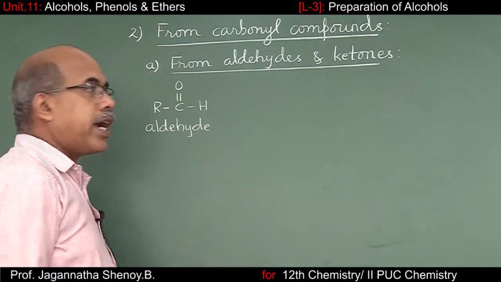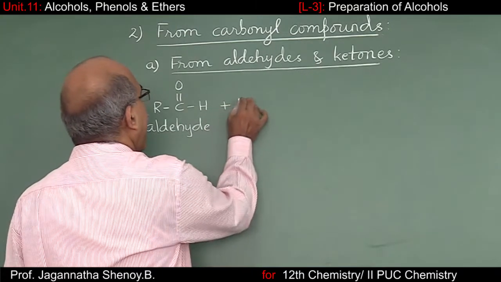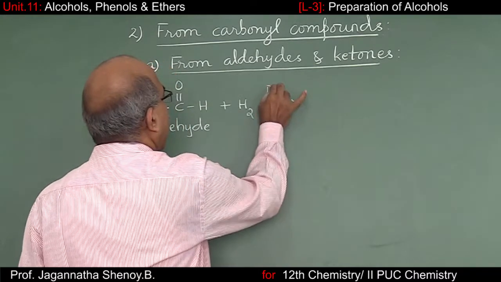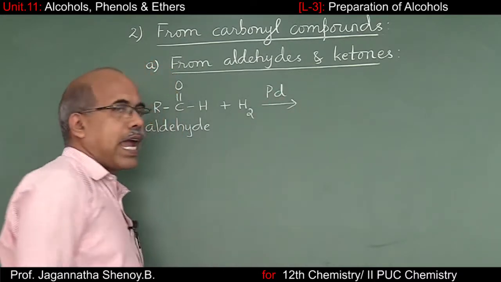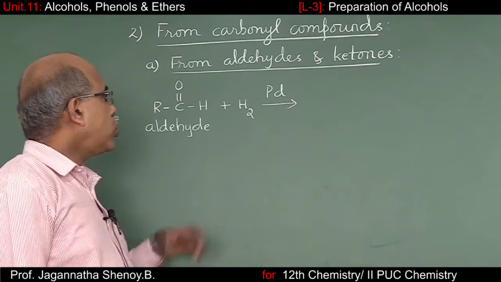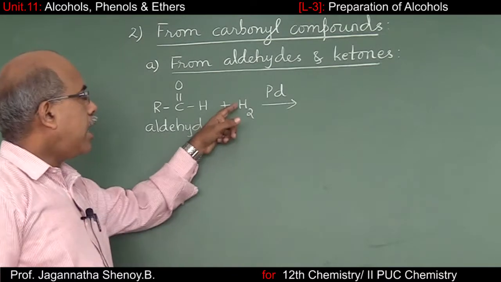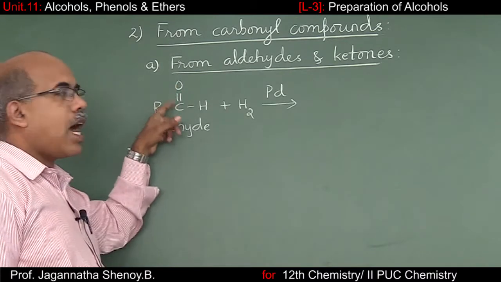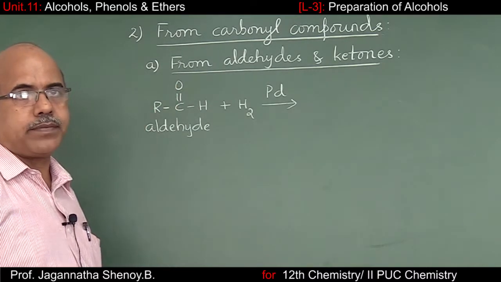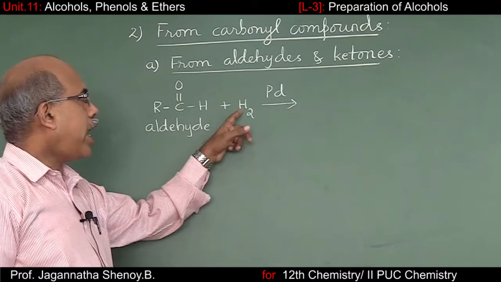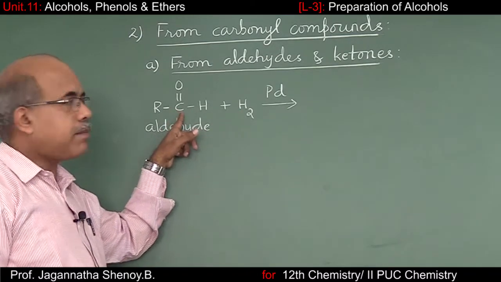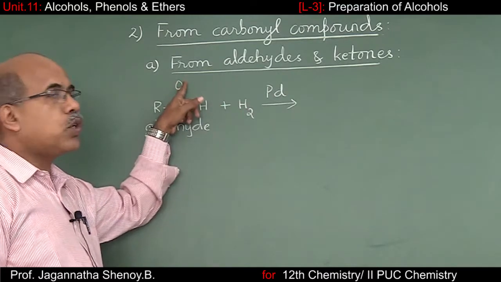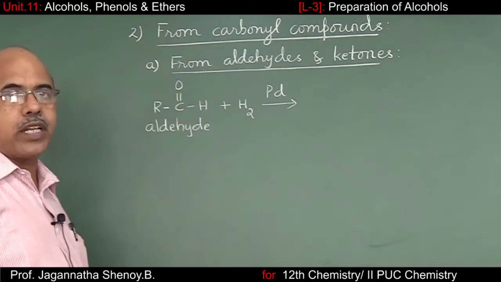I'll subject it to reduction using hydrogen molecule in presence of palladium catalyst. What should happen effectively is the two hydrogen atoms get added across the carbon-oxygen double bond. In other words, one hydrogen atom goes to the carbon atom of the carbonyl group and another hydrogen atom goes to the oxygen atom of the carbonyl group.